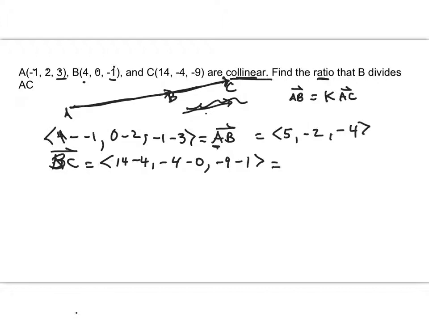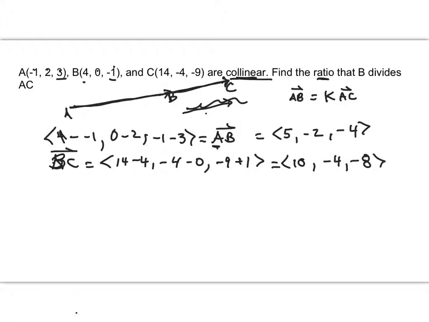And when I simplify this vector, I get 10, -4, and that's minus a -9 minus -1, that's a plus, so that would be -8.